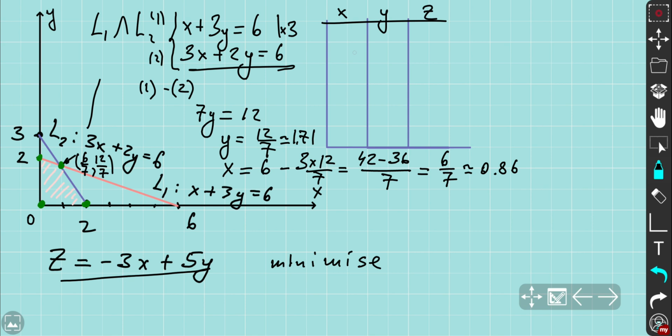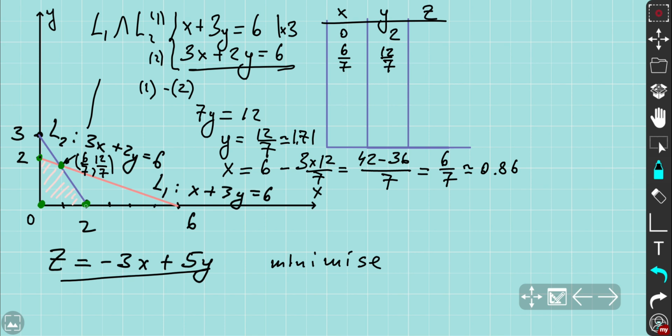And now what we're going to do is calculate all the values of the z function at the vertices. So let's take the first point, that vertex, it has the coordinates 0 and 2. The next one, we just go on clockwise. So we calculate 6 over 7 and y is 12 over 7.